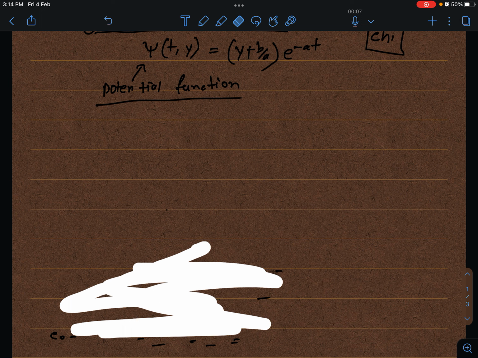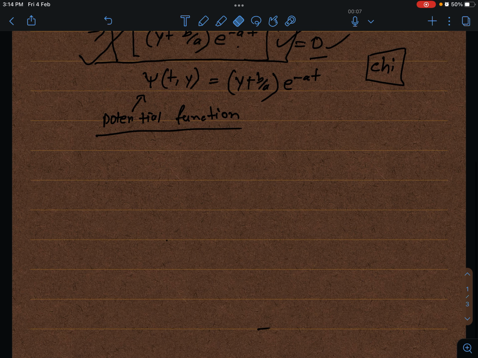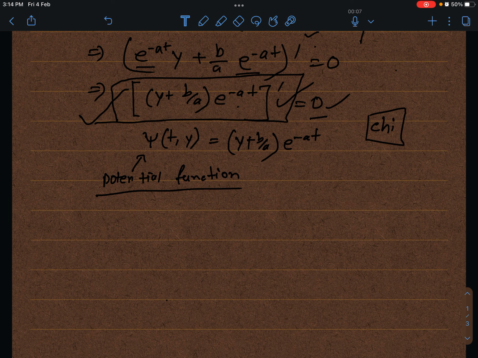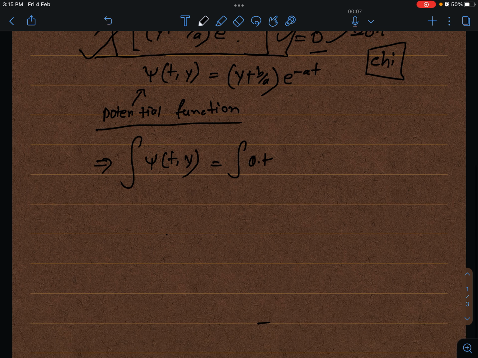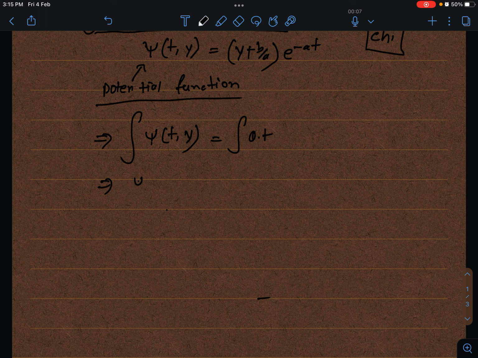Now if you integrate both parts of the equation, you would see that this is nothing but 0 into t, right? So if you integrate psi of t, y equals the integration of 0 into t, then we have psi of t, y equals c, right?